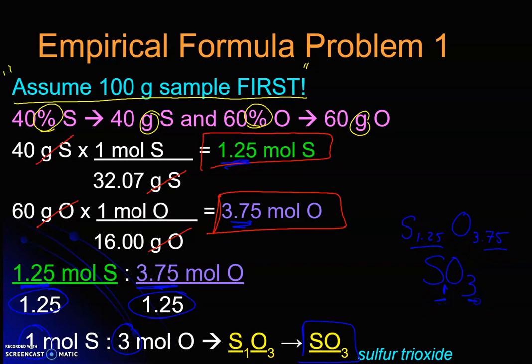Sometimes it's easy to see, sometimes it is not, but our formulas have to be whole number ratios. Okay, the next video is going to have a level 2 and a level 3 problem for you to look at.